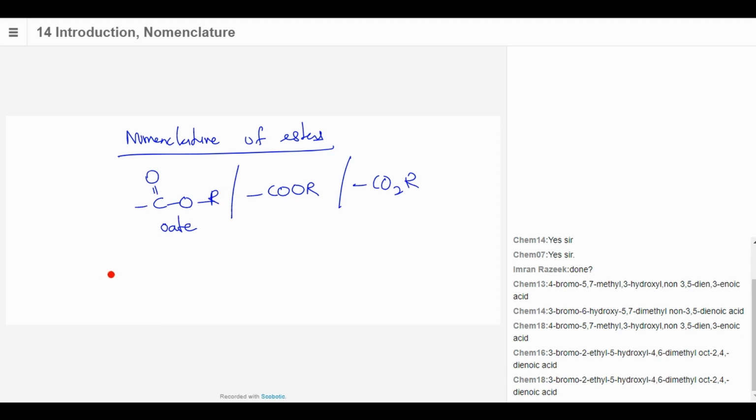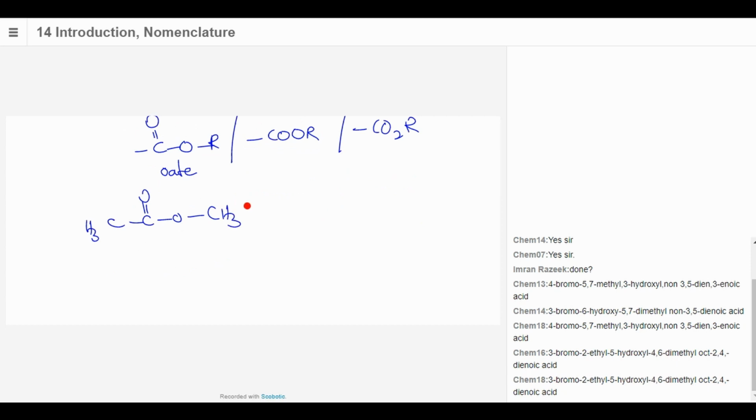Let me just name a basic ester. Let's see how to name this. So in naming esters, the first step would be to name the group which is next to oxygen, right? The group which is next to O is named first, which is this group, methyl group, right? And this is named as a substituent, and that substituent has no number. And that substituent is named before any other substituents. There's no alphabetical order for this.